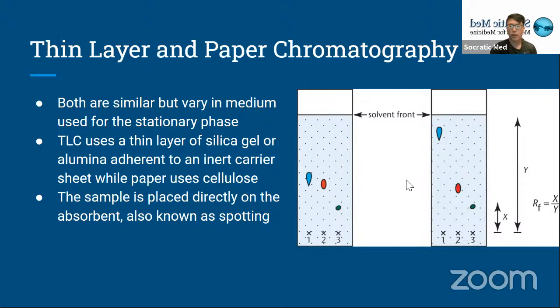So as you can see on the right, there's 3 spots at the bottom where the samples were placed, and the 3 different samples moved to different spots on the stationary phase as it's carried by the solvent. As you can see, 1 and 2 moved more than 3 on that first chromatography plate.